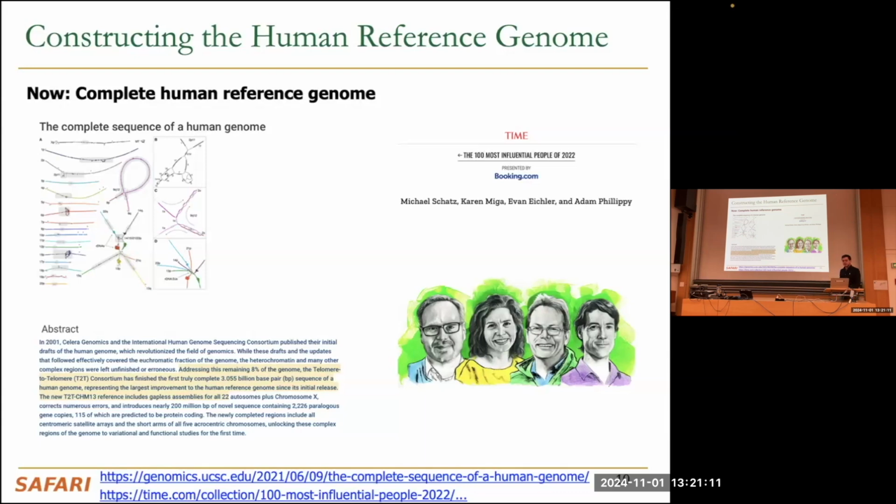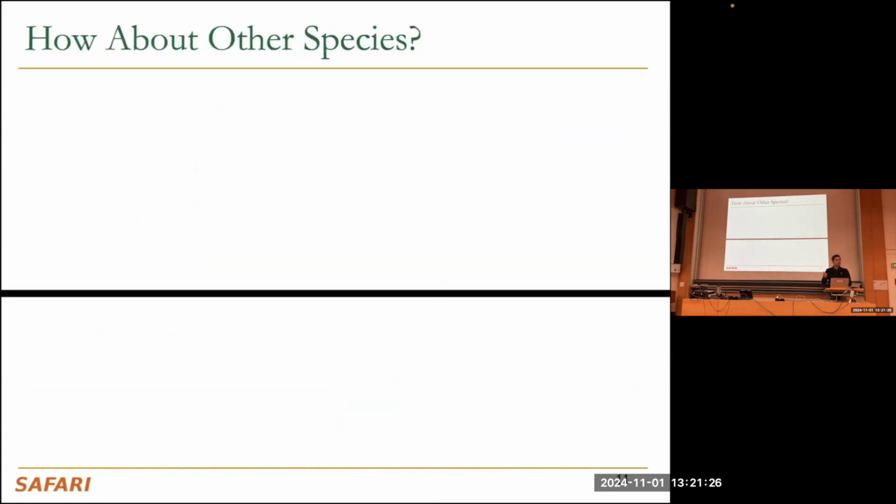This was so important that the 4 individuals behind completing the human reference genome were selected as some of the most influential people of 2022.